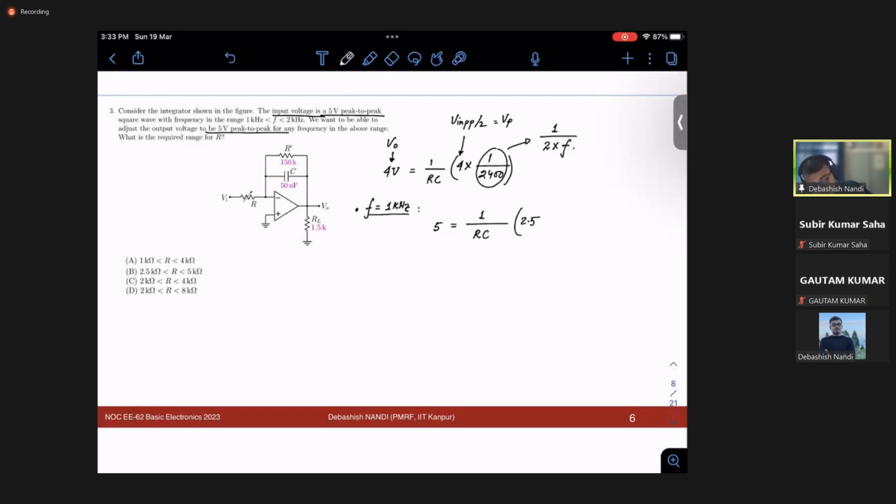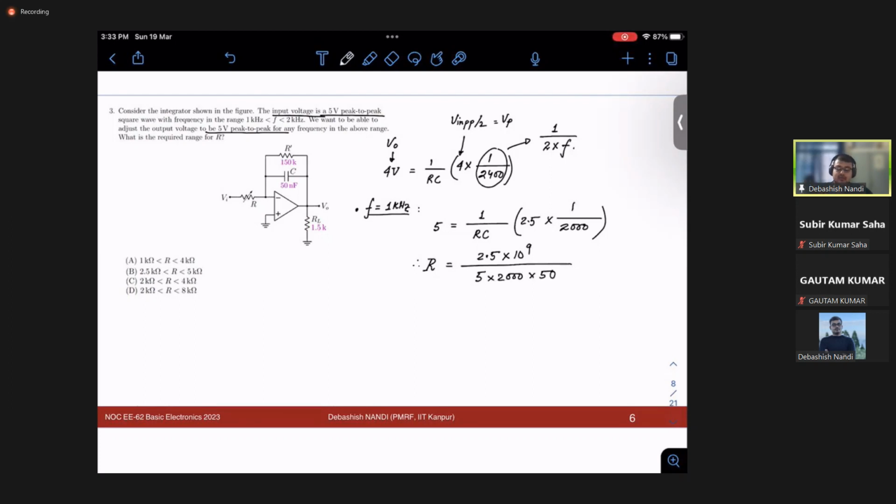So this is your 2.5 into 1 over 2 into 1000, right? So 2000. So what will be your R? Your R will be nothing but 2.5 into 10 to the power 9 divided by, you have here 5, you have here 2000, and you have the 50, right?